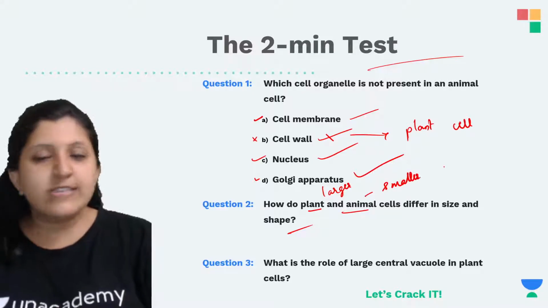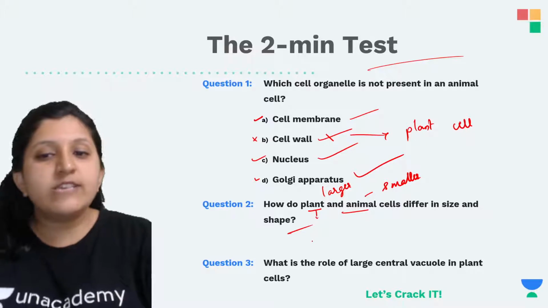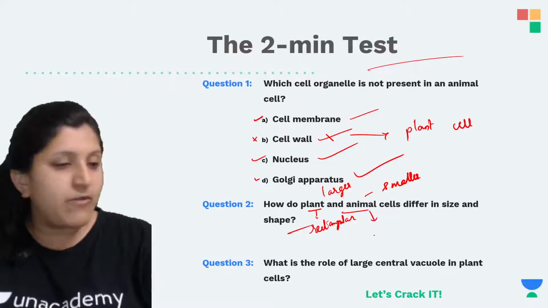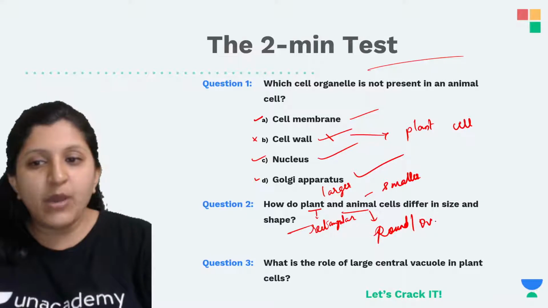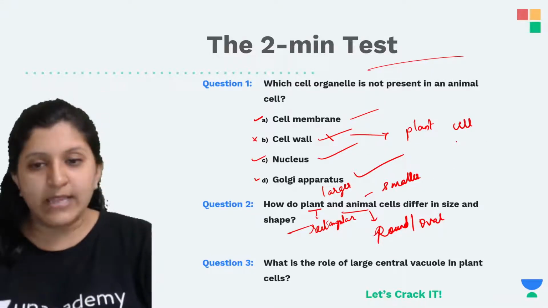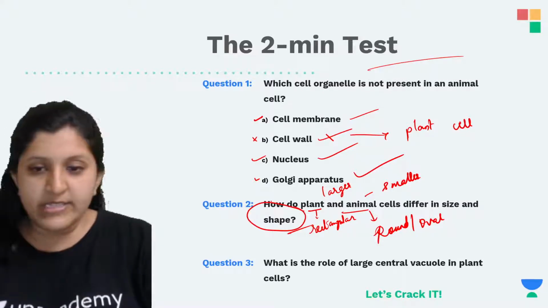So that is size. Now shape: plant cells are somewhat rectangular, and animal cells are somewhat spherical, or round, or there can be oval. So this is the structure of animal cell, that is with respect to shape. So size and shape differences it is asked.